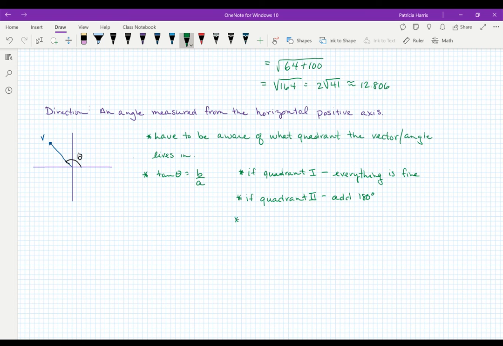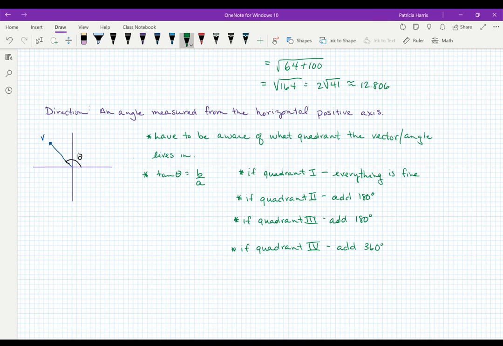If in quadrant 3, the calculator is going to spit out an angle that actually lives in quadrant 1, so you're going to have to add 180. And if you're in quadrant 4, you're going to have to add 360 because the calculator is going to spit out a negative angle.